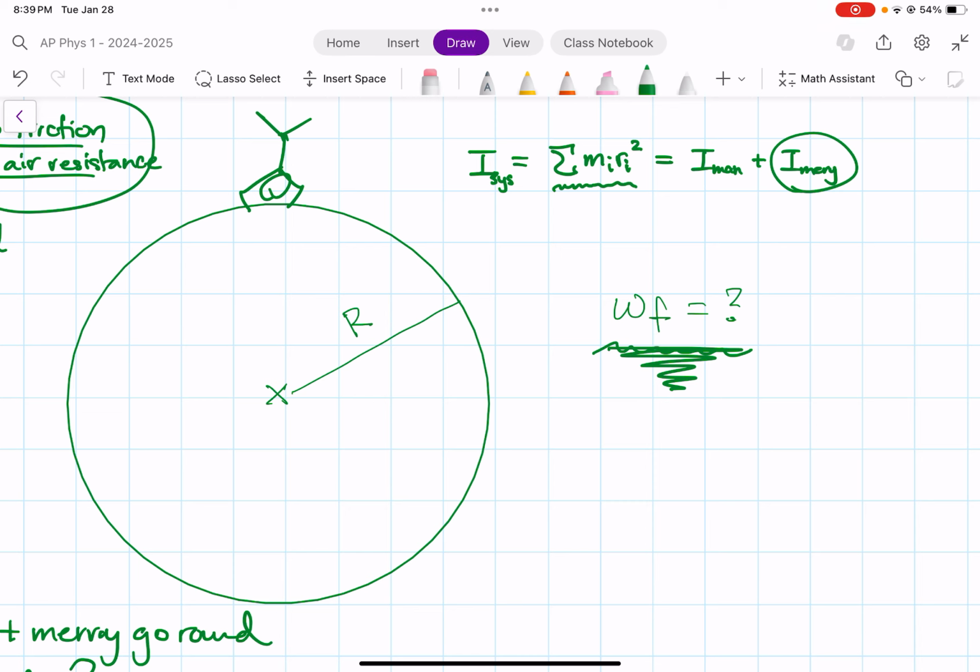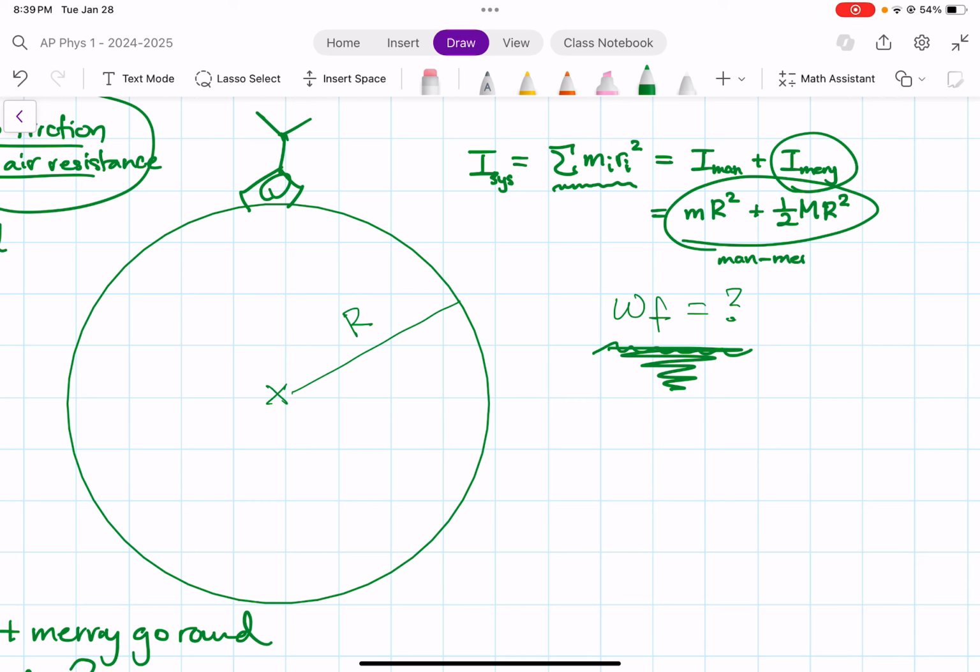And then what would I of the man be? It would be his mass, because we're treating him as a point particle, times capital R squared. And then this one over here would just be the formula that we already know, one half capital M capital R squared. So this right here is the rotational inertia of the man-merry-go-round system.